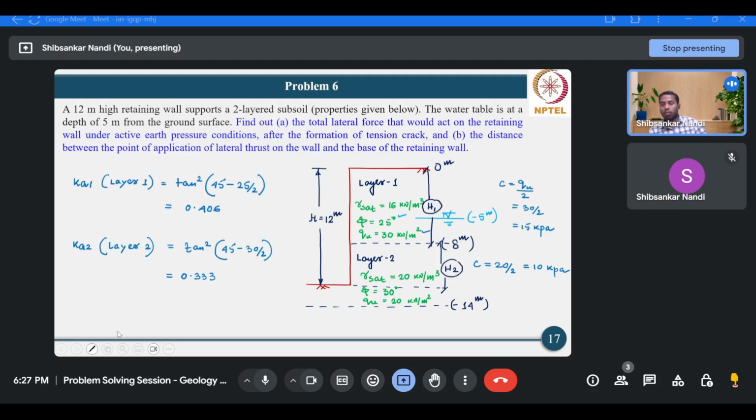Again c1, phi 1, gamma 1, these are the properties of layer 1, and c2, phi 2, gamma 2, these are the properties of layer 2.